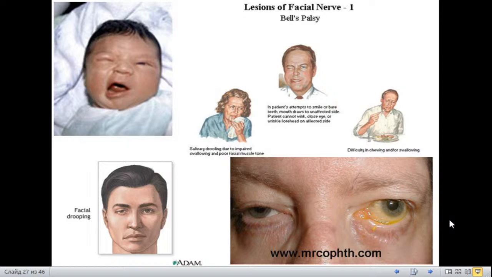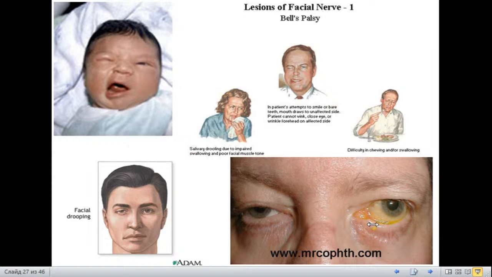Lesion of facial nerve, known as Bell's palsy. It is manifested as paralysis of muscles of facial expression, facial drooping, then salivary drooling. It is due to paralysis of mimic muscles, and also disturbances in lacrimation.